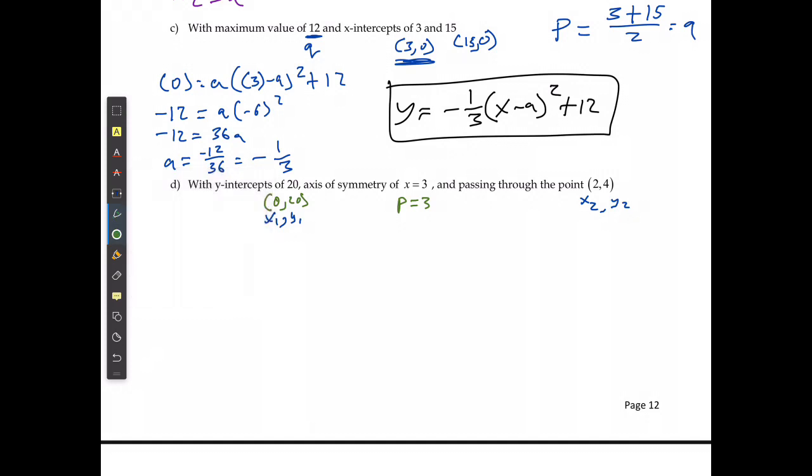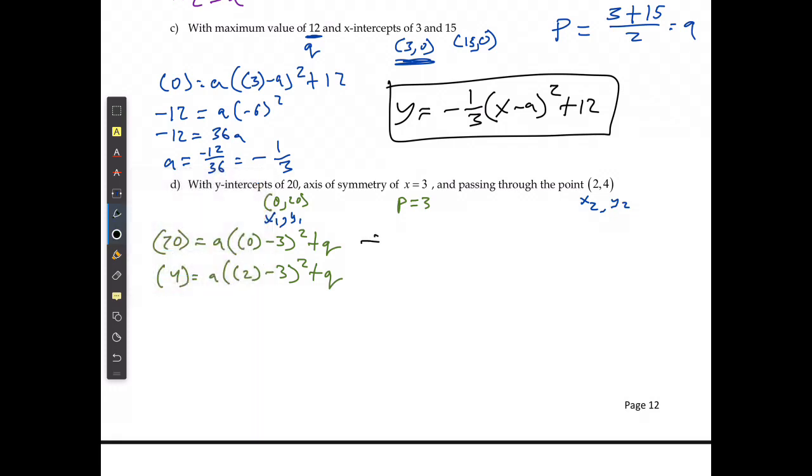So I'm going to state that 20 is equal to a(0 minus 3) squared plus q. My second equation is going to use the other point. 4 is equal to a(2 minus 3) squared plus q.